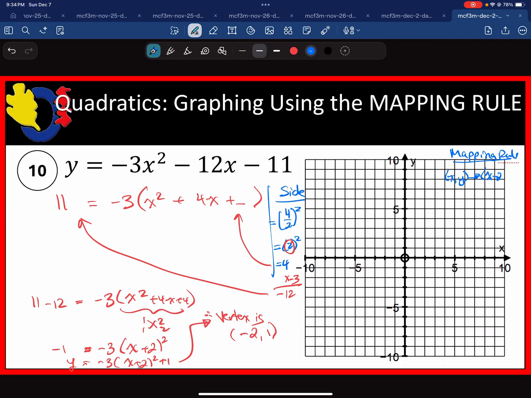So remember, it's going to be the opposite of what's here. So that's a plus 2, so this is minus 2. Our a is negative 3y, and then plus 1. That's the k. All right, let's go ahead and write this down. So negative 2, 4, negative 1, 1, 0, 0, 1, 1, positive 2, 4.